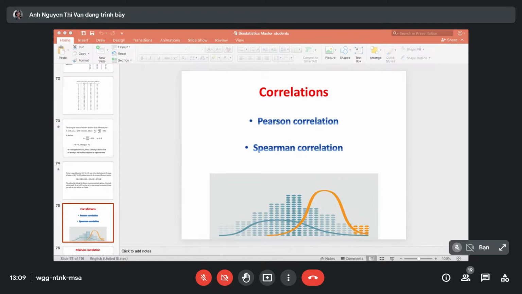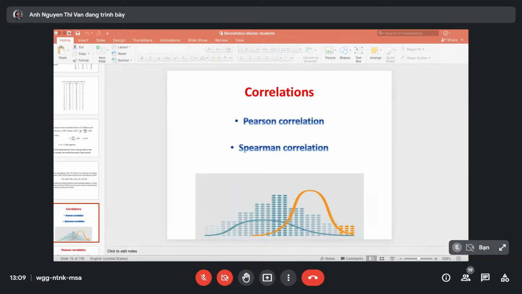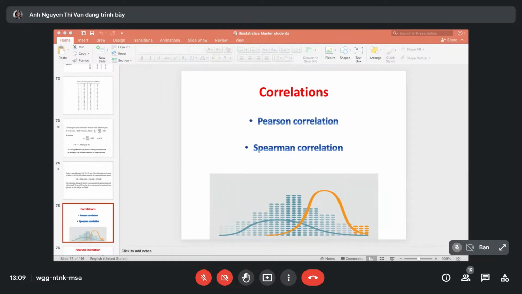So when we talk about the correlation between the variables, how many types of correlation are there? Negative and positive linear relationship.